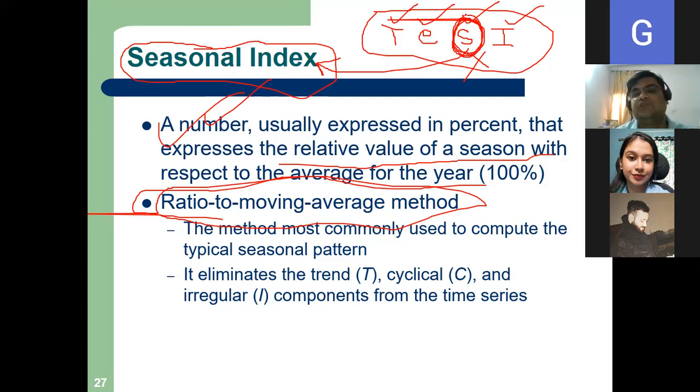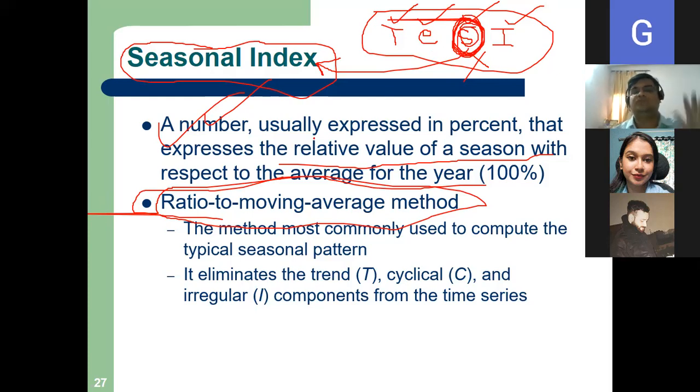It is called the ratio to moving average method. That's why I taught you the moving average method first, so that you understand this method. So here for S, we first construct an index, which is called the seasonal index. And then we de-seasonalize our data with the help of this index. I hope now it is clear, right?